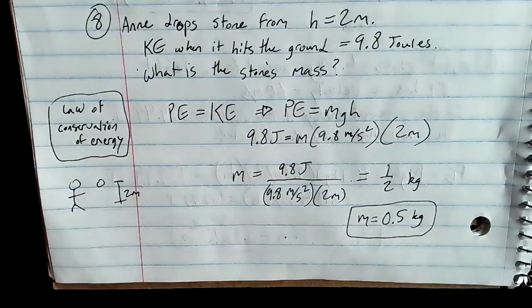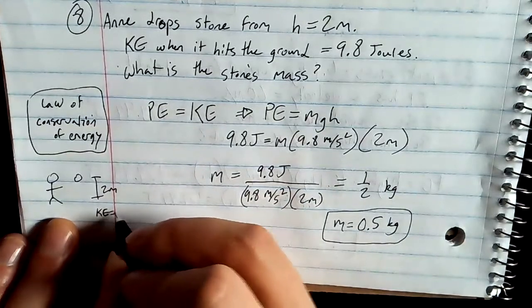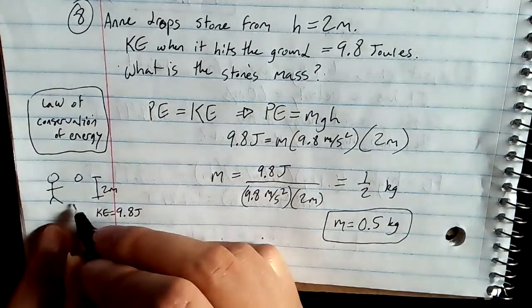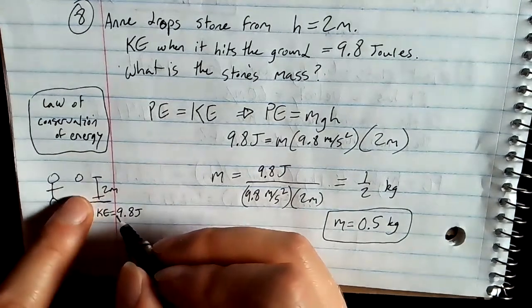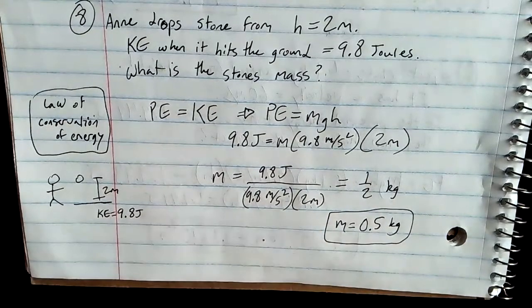She measures the kinetic energy of the stone at 9.8 joules at the exact point of impact on the ground. So the KE equals 9.8 joules once it hits the ground. What is the mass of the stone?